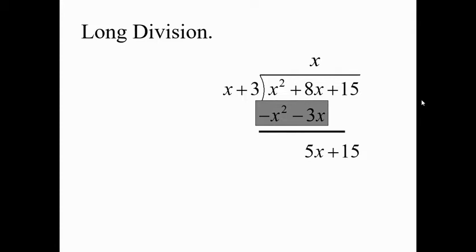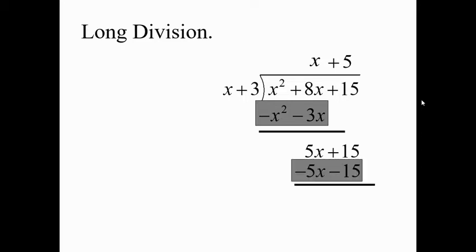So our question is, how many times does x go into 5x? That's right, it goes in 5 times. And then we multiply the 5 by the x plus 3, and we get 5x plus 15 when we do that.